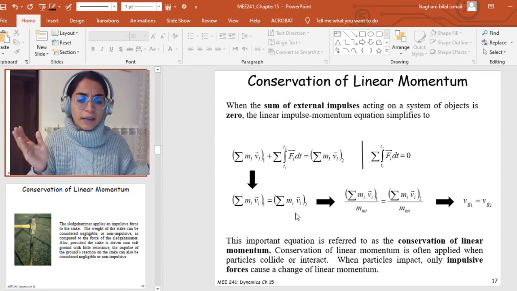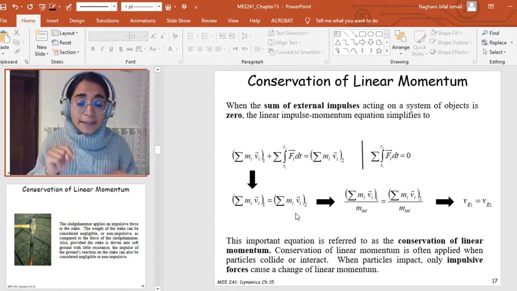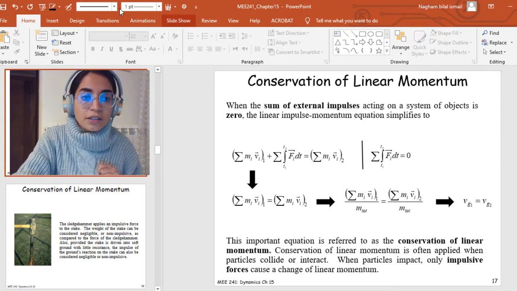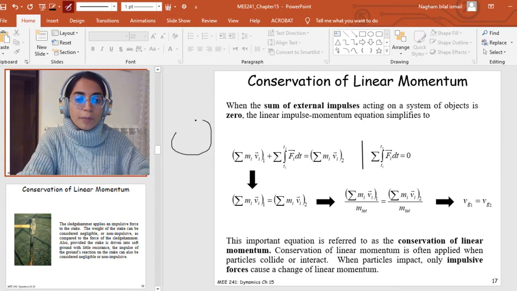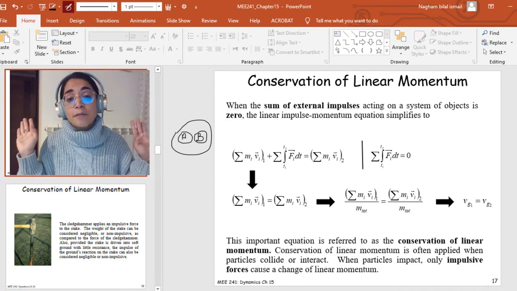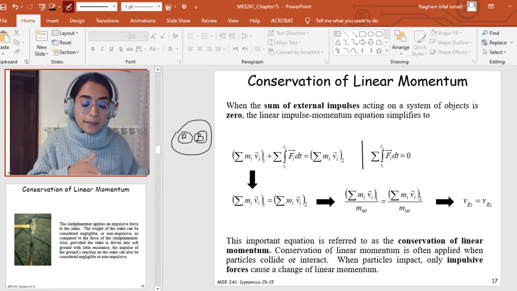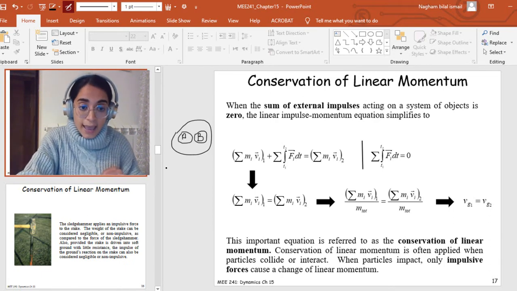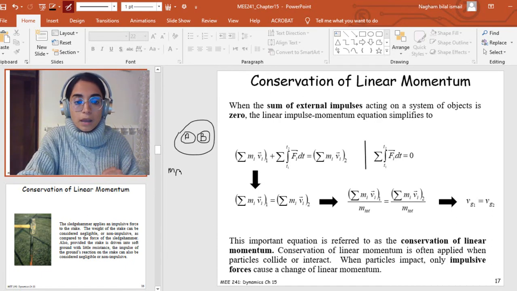What does this mean and how can I apply it? For sake of simplicity, I'm going to take only two particles, A and B, and I'm going to apply this equation on these two particles. So if I have a system of particles consisting of only two particles, A and B, all right, I'm going to apply the conservation of momentum because in this case, the sum of external impulses is equal to 0. I'm going to apply the conservation of momentum at T1 and at T2, which means MA VA plus MB VB.